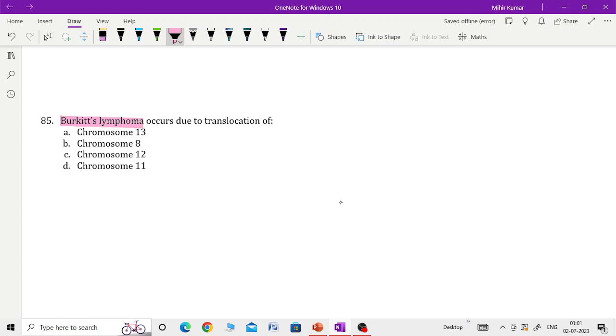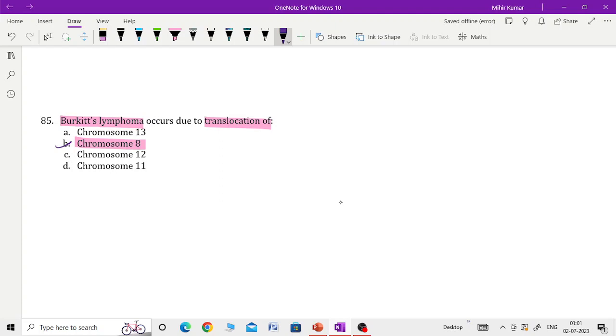Burkitt lymphoma occurs due to the translocation of chromosome 8 to chromosome 14. If some part of chromosome 8 is translocated towards chromosome 14, then the organism suffers from Burkitt lymphoma.